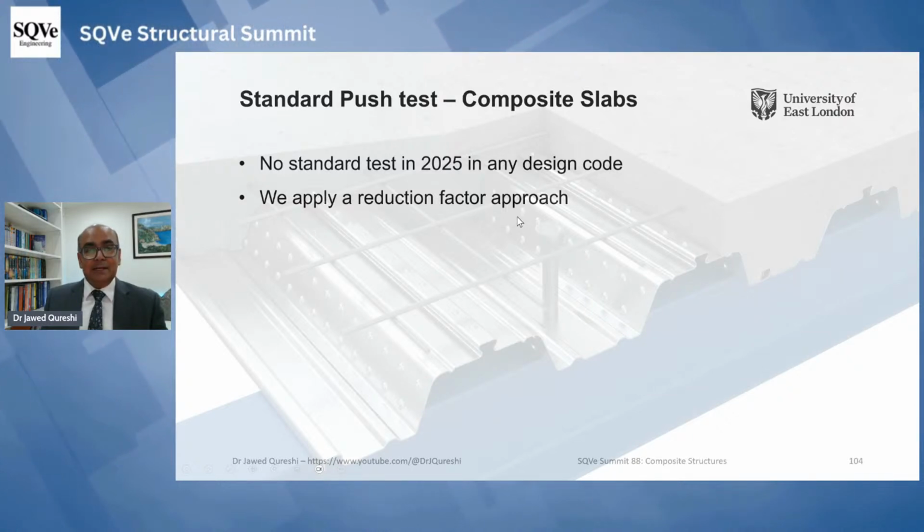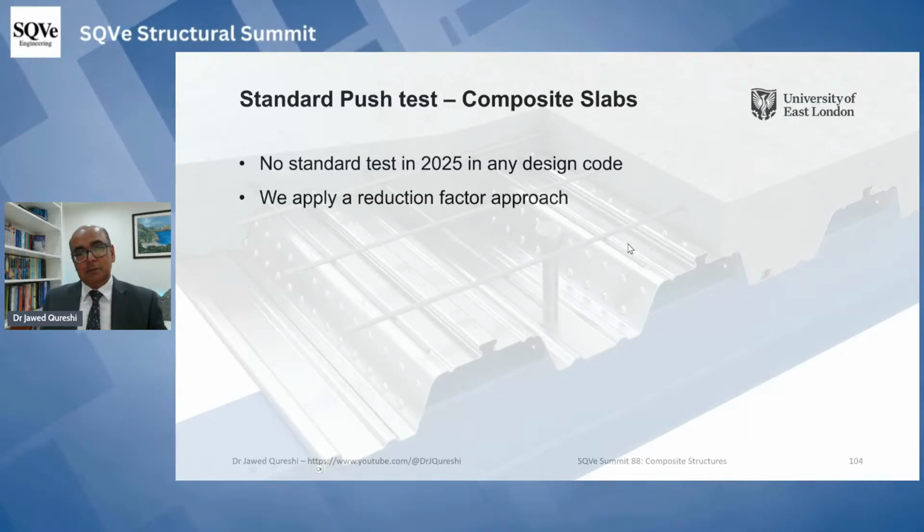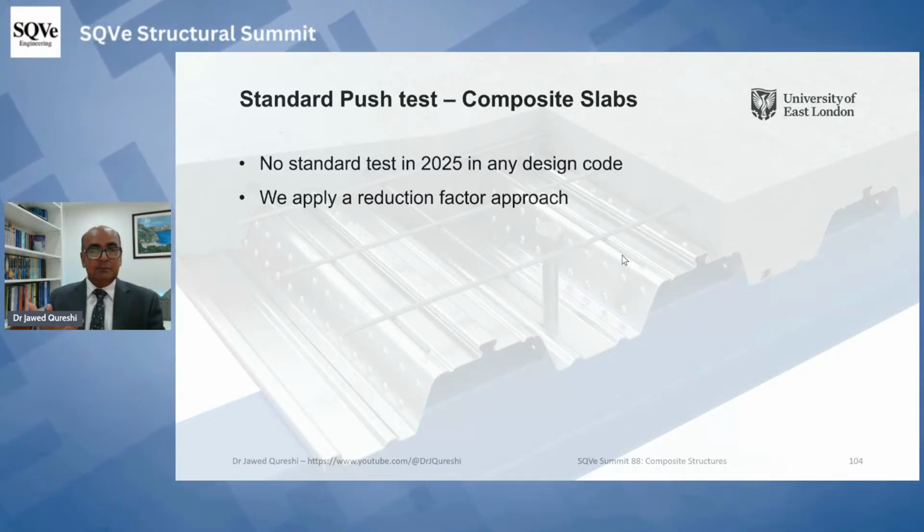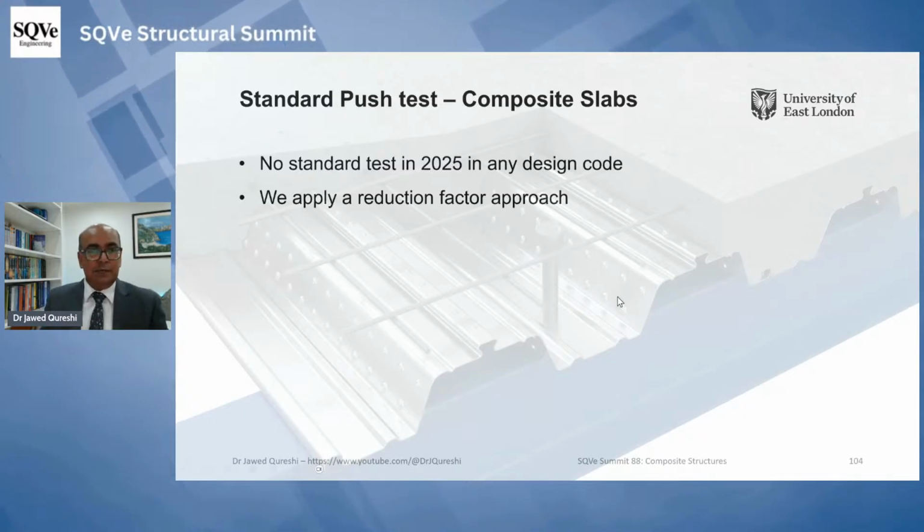And we apply a reduction factor approach. We first find out the shear connected capacity for solid slabs, and then we work out the reduction factor for profile sheeting slabs, and then we apply those reduction factors.